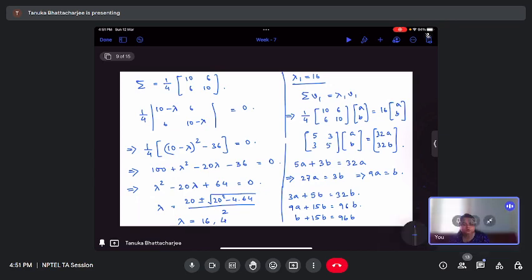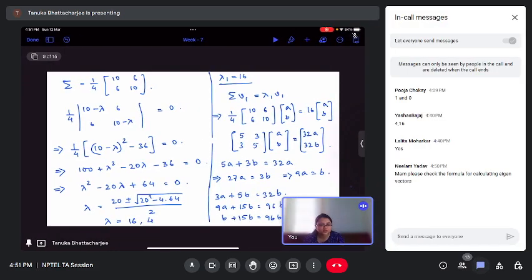What is the formula according to you? Neelam, can you please tell the formula for calculating eigenvectors that you are saying?